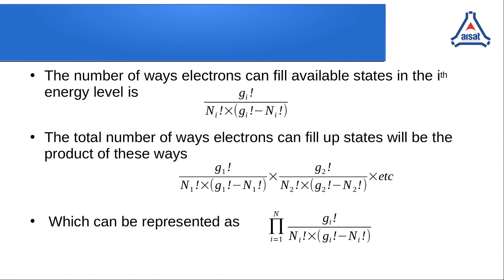Similarly, individual energy levels will have different combinations. So altogether, if we consider all the energy levels and all the corresponding states, the total number of ways the electrons can fill up states will be the product of combinations in individual energy levels.